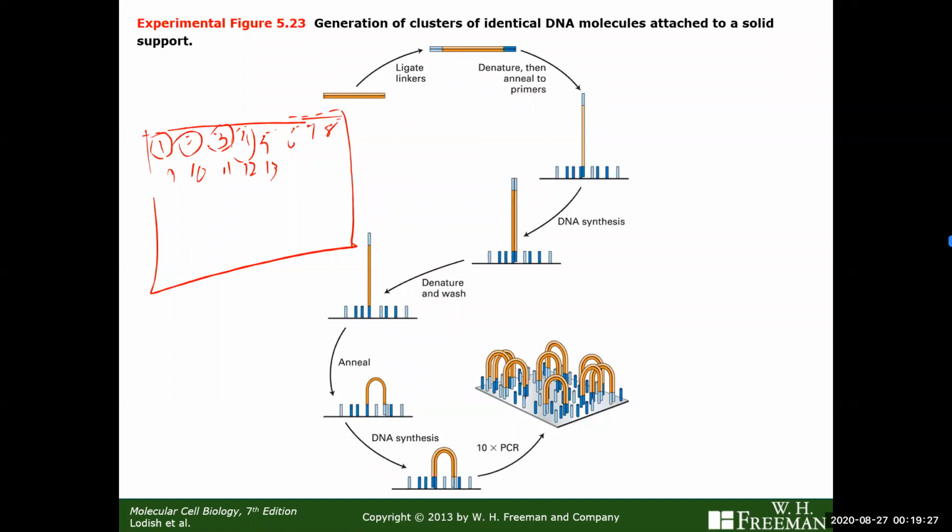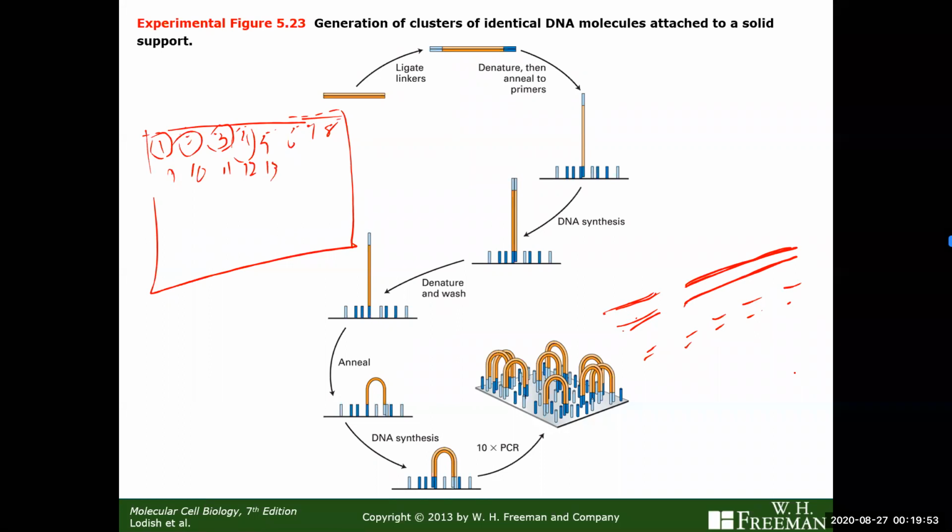So what you do is you take the genome, and then you fragment it. You cut it into small pieces. You can use a tetra cutter to get small pieces of DNA, and then you use two adapters.